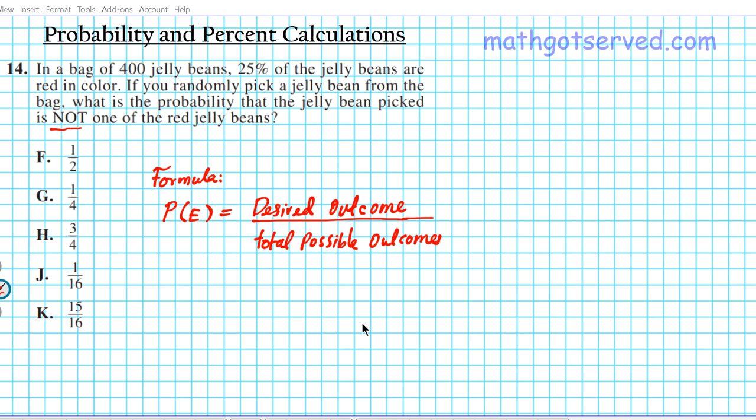Okay, so we find the probability that the selection is a red jelly bean and subtract it from 1, and we automatically get the probability that the event is not a red jelly bean, because when we add the two probabilities we get 1. Okay, all right, so that's one way of doing it.